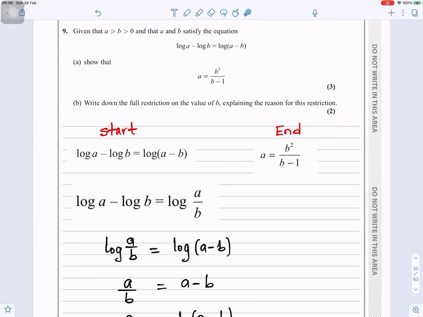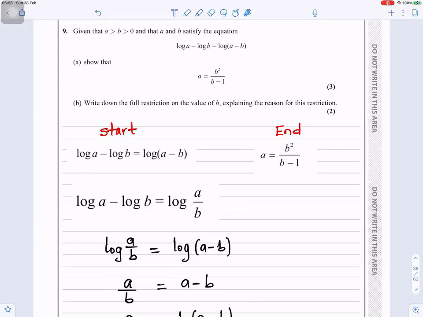The way you do this kind of question is you look at where you start and where you end. What do you see in the start and what do you see in the end? So that you can start to know what you can change. If you notice there's logs in the start, but in the end there's no log. So that means we have to eliminate the logs.